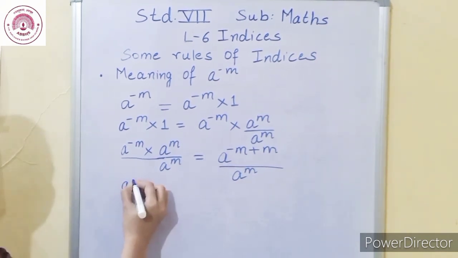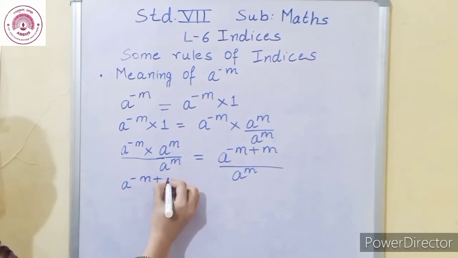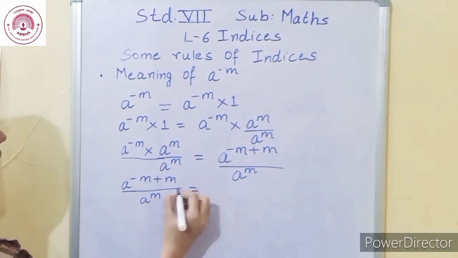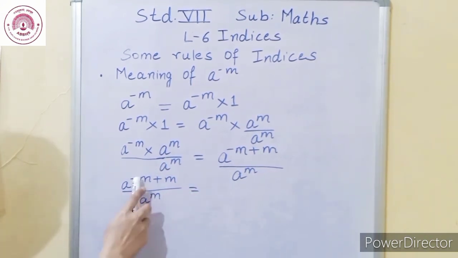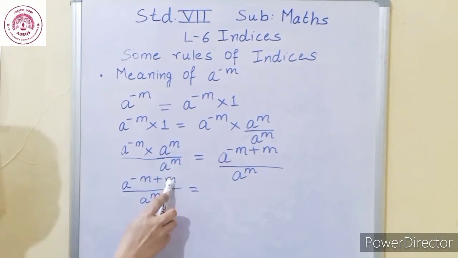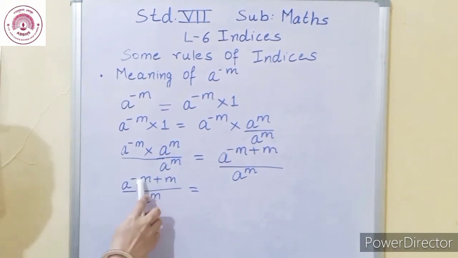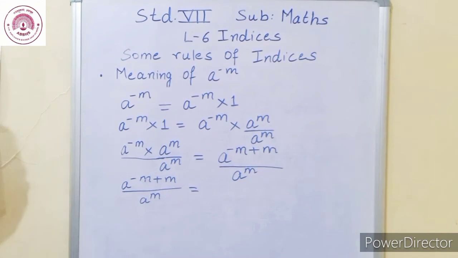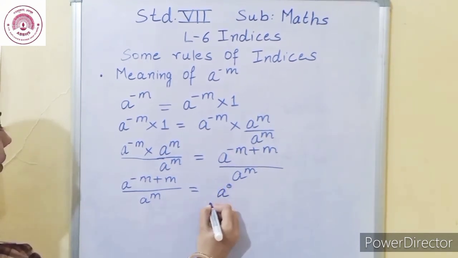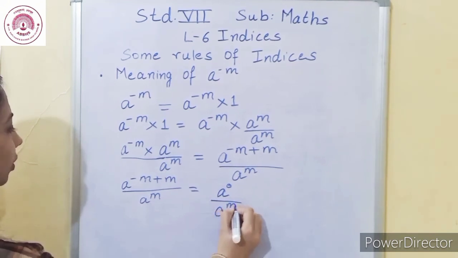Now, a raised to the power minus m plus m upon a raised to the power m equals minus plus minus, and as you know, these two are negative and positive integers. So, same integers with opposite signs can be cancelled out and we get a raised to the power 0, or a naught, upon a raised to the power m.